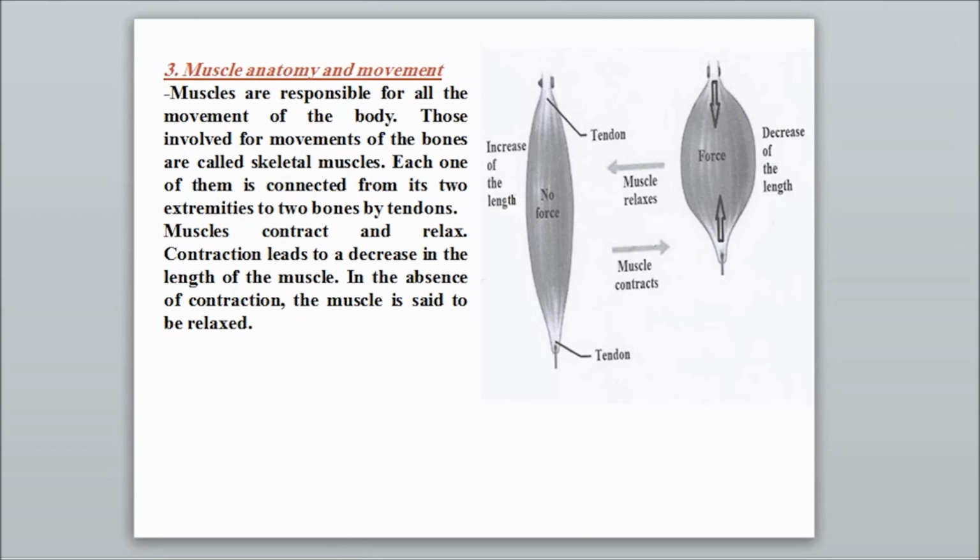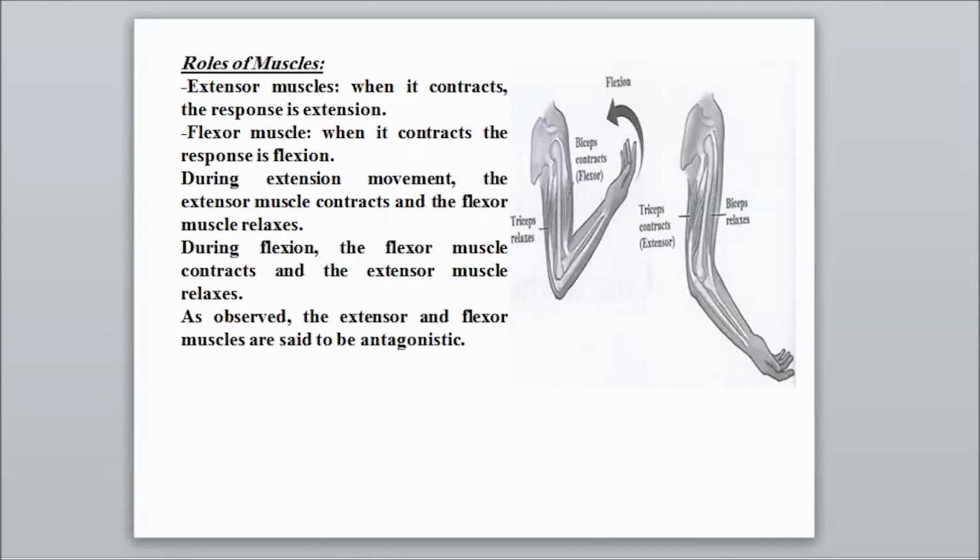So we're going to take these notions and apply them in the coming slides. The next slide, slide 6, shows the kinds of muscles in your body, the extensors and the flexors. Keep in mind that when the extensor muscle contracts, it leads to a movement we call an extension movement.